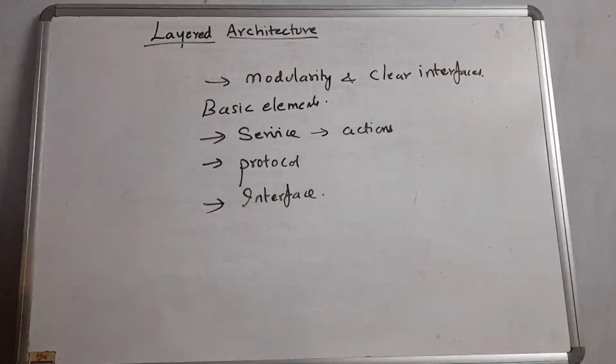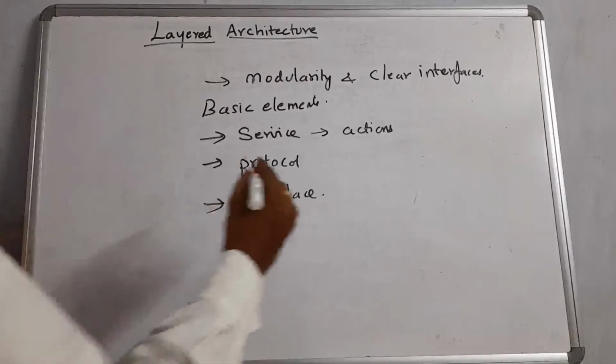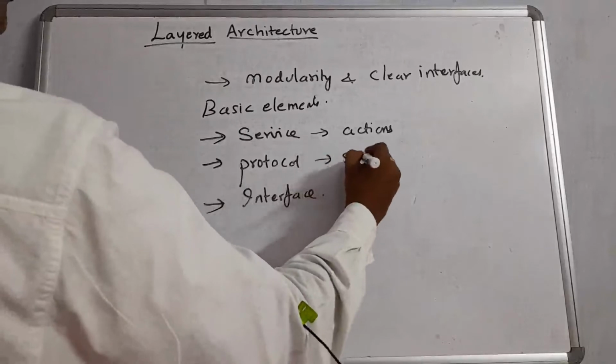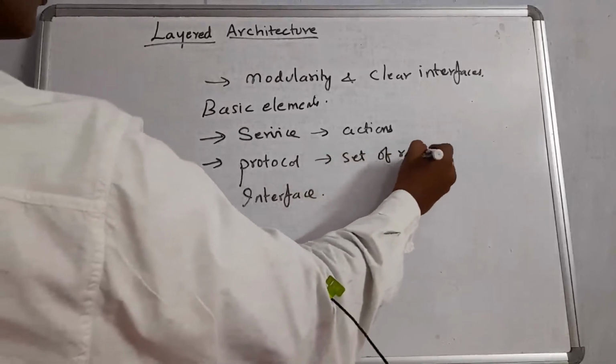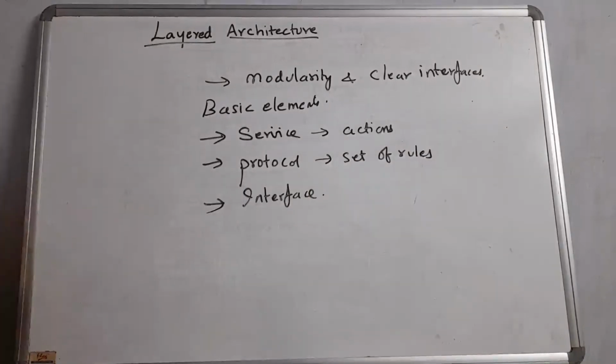And what do we mean by a protocol? It consists of a set of rules that a layer uses to exchange information with the peer entity. These rules mainly concern both the contents and the order of the messages used.